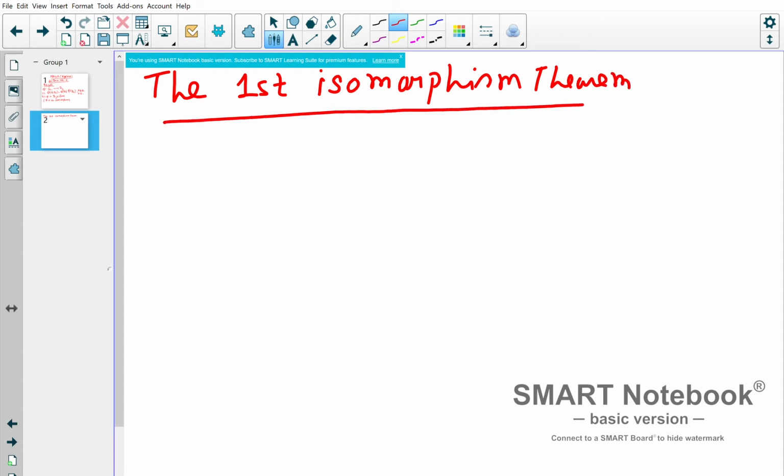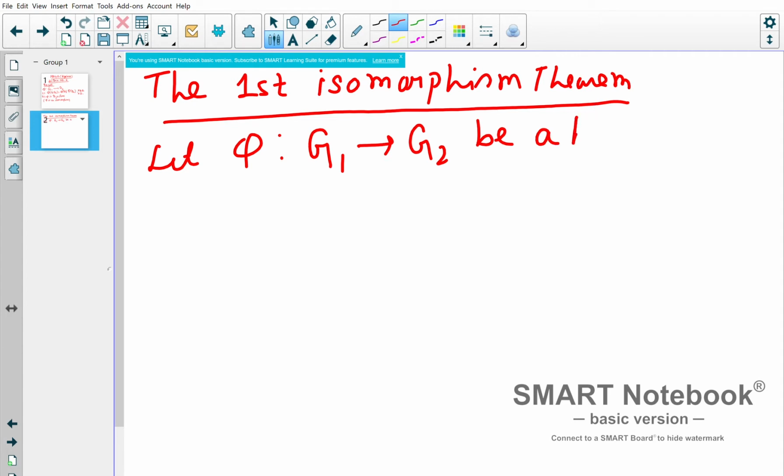So what is the first isomorphism theorem? How to define it? Let phi from G1 to G2 be a homomorphism, okay.